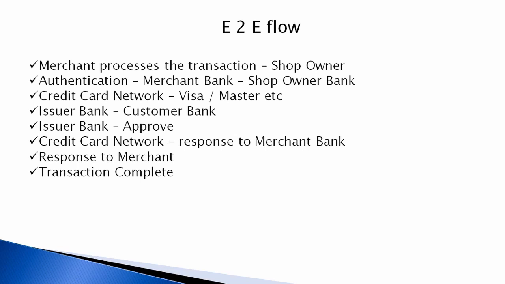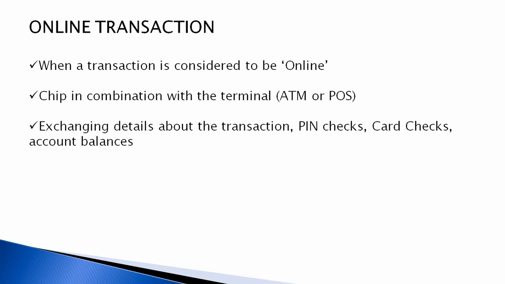But the customer has an HDFC card, so it will go to the Visa network, then to the issuer bank, which for me is HDFC. HDFC will approve, then it will come back to the merchant bank, and from there back to the merchant, and the transaction will be completed. So in this transaction you are using an HDFC card and the merchant has an ICICI account. The end-to-end flow is performed during your transaction.